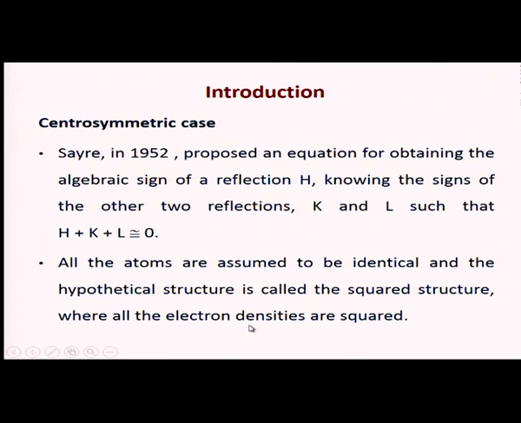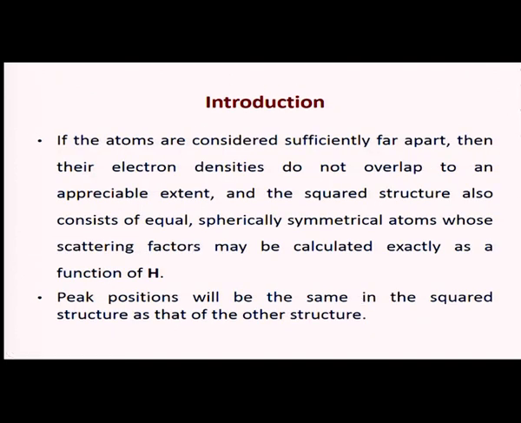That is why it is called a squared structure, where all the electron densities are squared. In an ordinary structure, we talk about the atomic scattering factor little f j. Since in a squared structure you cannot have the atomic scattering factor little f, there is some other quantity. Let us see what that is later.